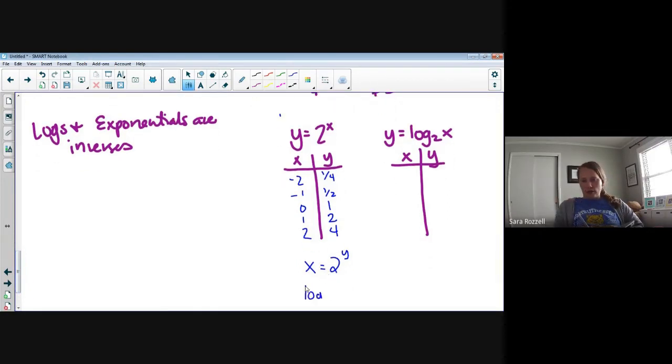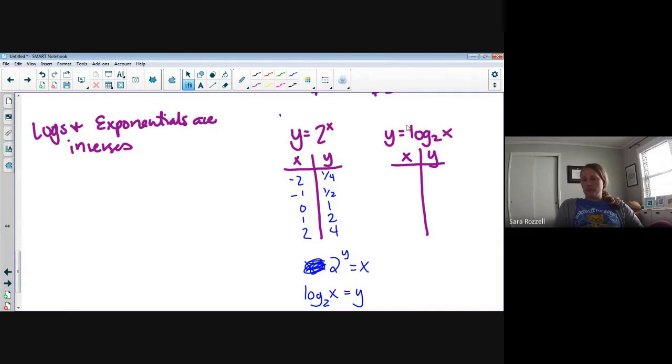So log base 2 of x is equal to y. Is that what we had over here for our other equation? Log base 2 of x is equal to y. Those match? Yes, so all we did was switch our x and our y, and then solve, got the y by itself, and it equaled the other equation.